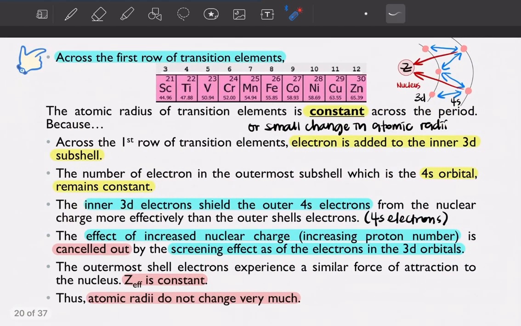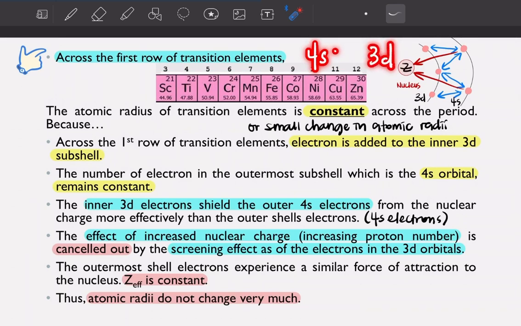Alright. So next, we are going to talk about across the first row of transition elements. So this is basically your D block elements. Alright. So your D block elements maksudnya, okay, awak punya elektron, dia akan kena isi the last electron, okay, your electrons will fill in the 4s orbital first, and then baru 3d orbital, betul tak?